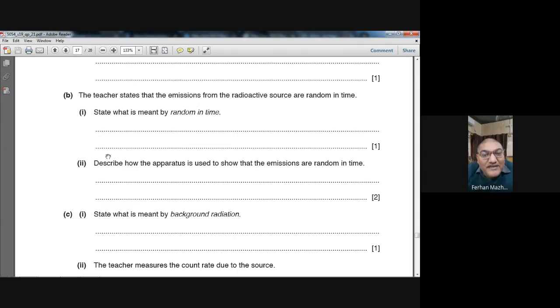You cannot predict at what time this atom will decay, at what time the other atom will decay. You cannot predict what type of radiation will come out, but you cannot predict at what time the radioactive isotope nucleus will decay. So this is a random process.